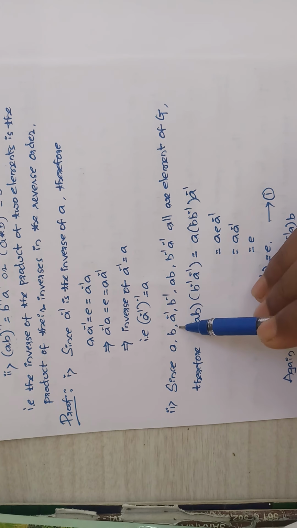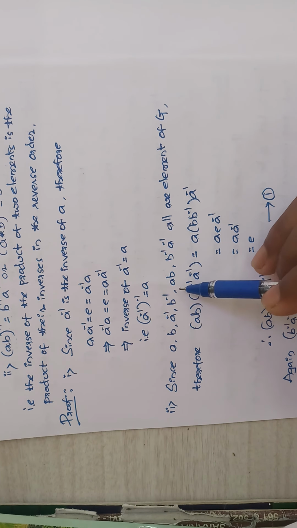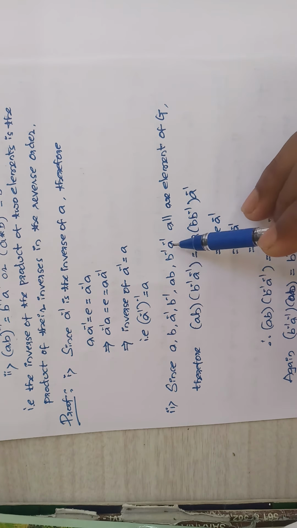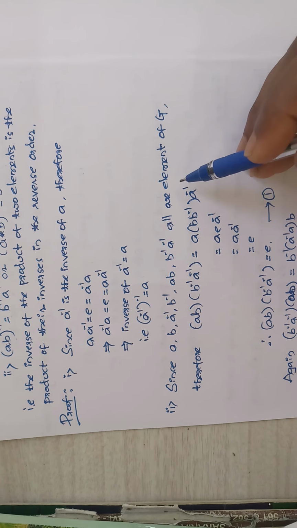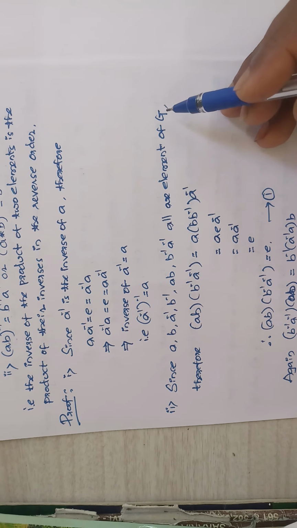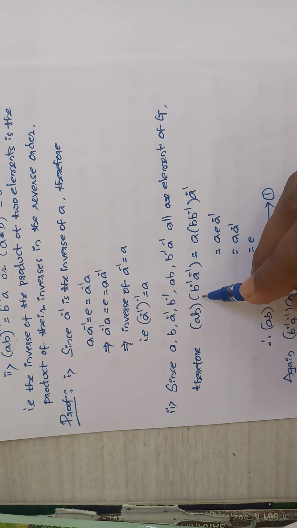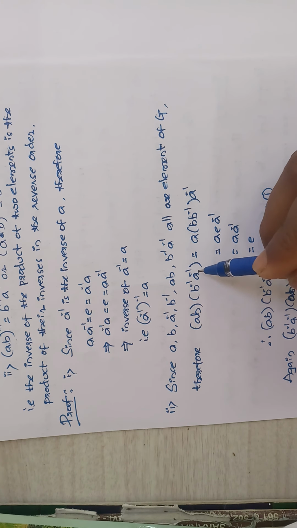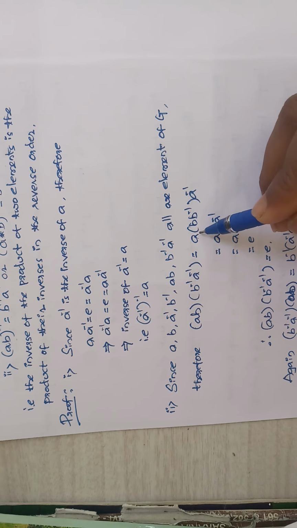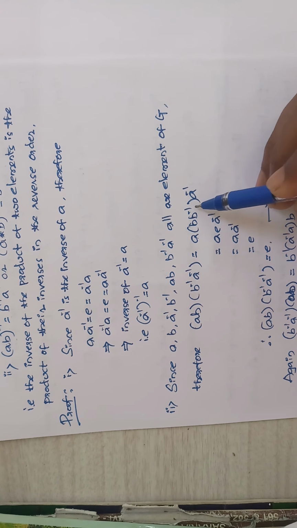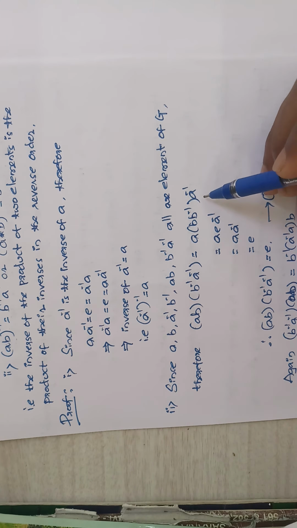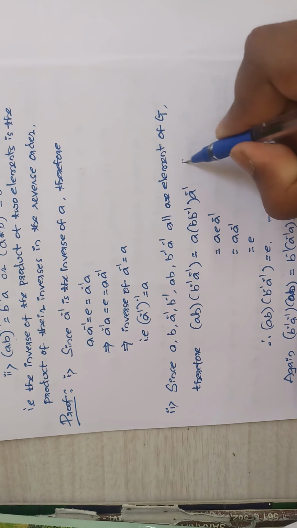Okay, since a, b, a inverse, b inverse, ab, b inverse a inverse are all elements of G, therefore ab into b inverse a inverse is equal to, using associative law, a into b into b inverse into a inverse.